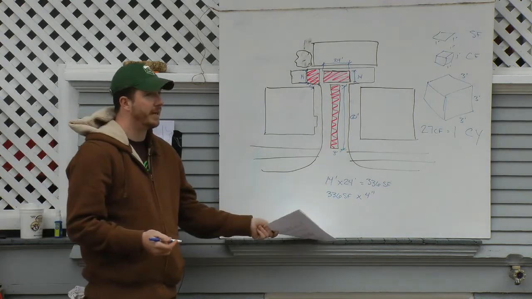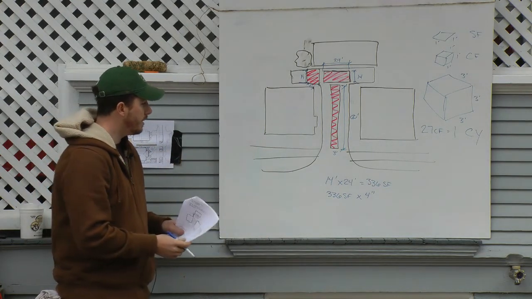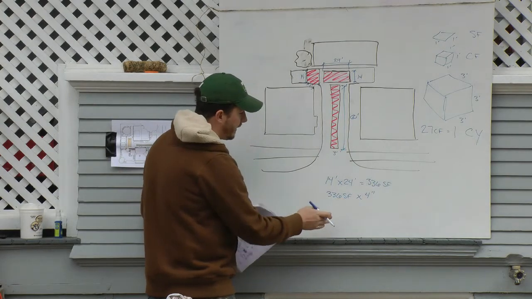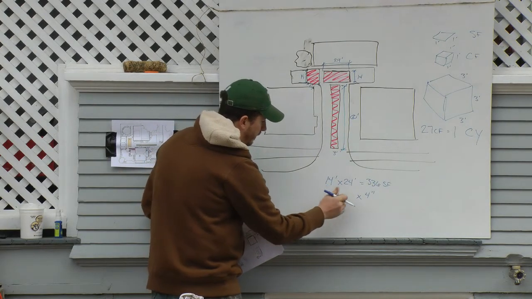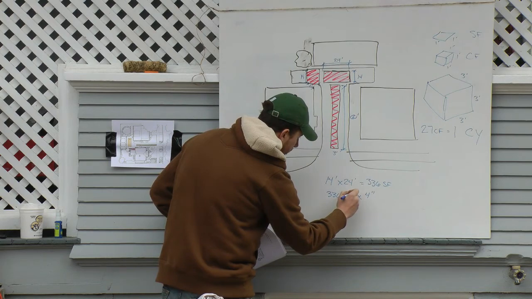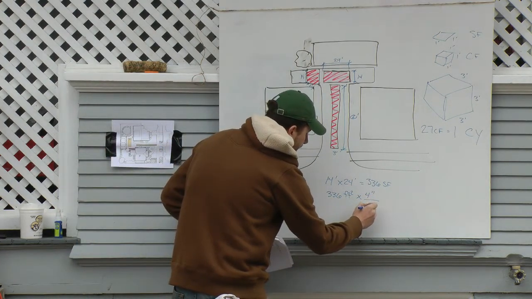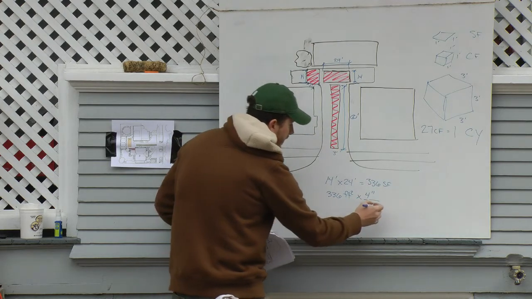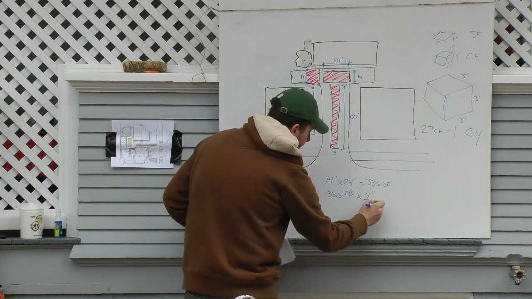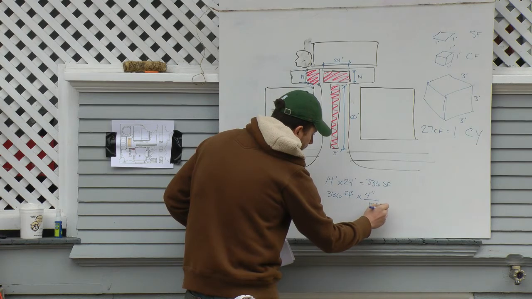But this is where you need to be careful about the unit conversions. We have square feet there. You could also write feet squared. You want to do your conversion by dividing your inches by 12 inches per foot.